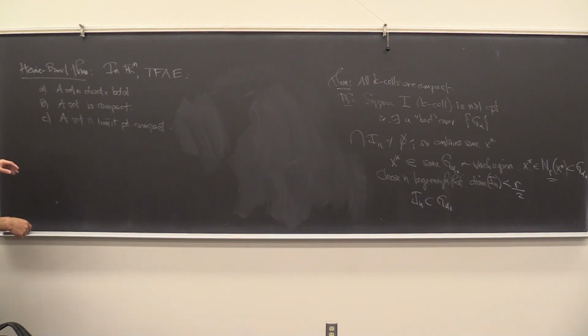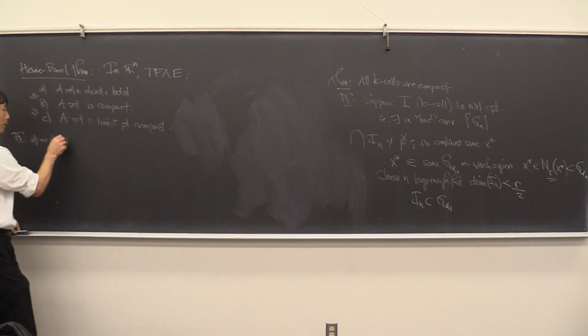Okay, so the plan is to prove that A implies B, B implies C, and C implies A. So everything will be equivalent to the others; you can get from any one statement to any other statement. So, proof of A implies B: a set that is closed and bounded implies that it's compact.